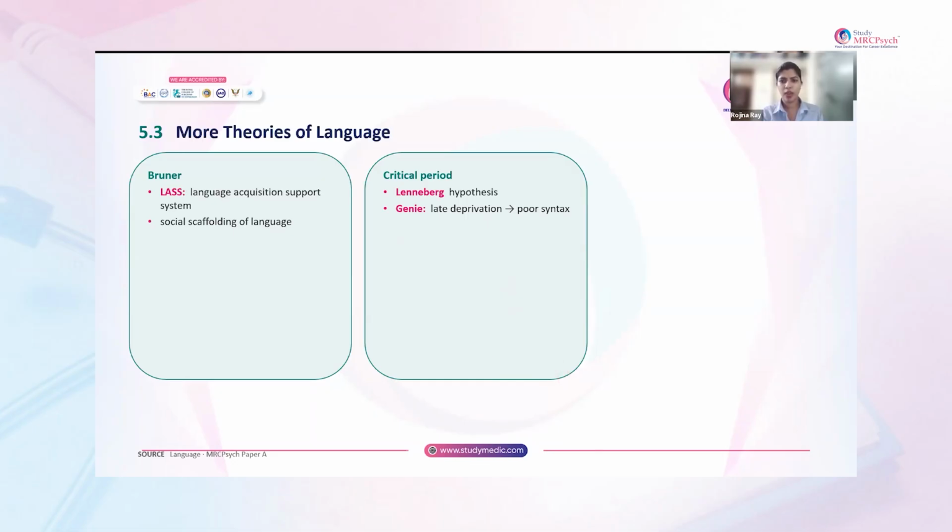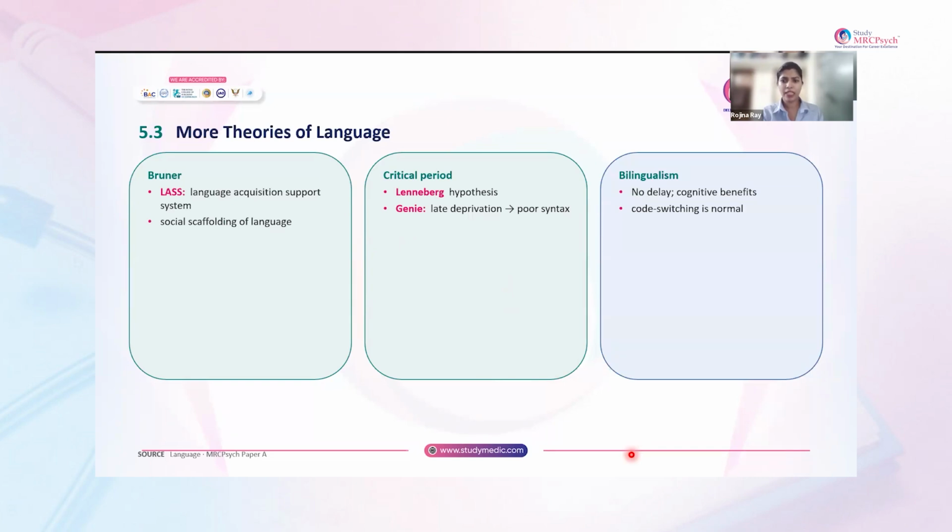Another thing to add here is that bilingualism does not delay language development as is commonly thought. In fact, it is associated with cognitive benefits like improved executive function. Code switching, or alternating between the two languages, is a normal feature of bilingual language development and should not be mistaken for confusion.